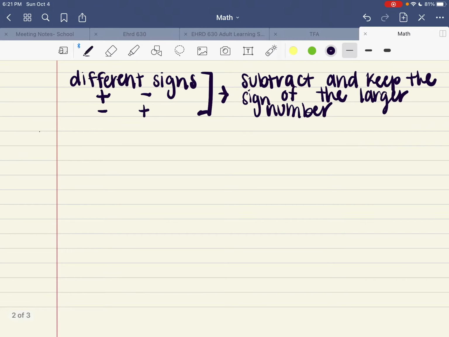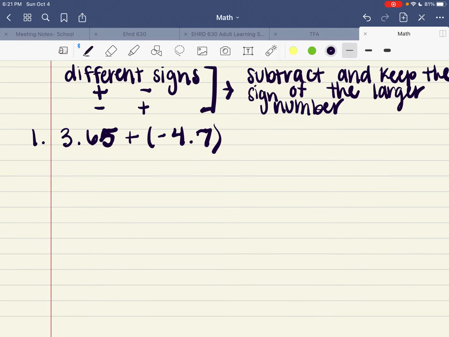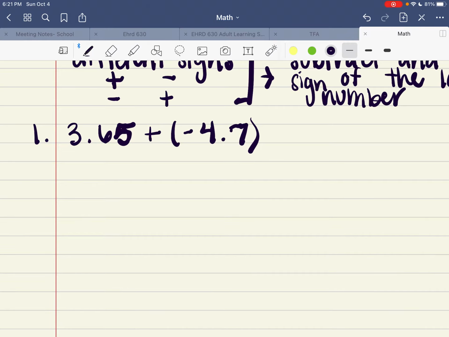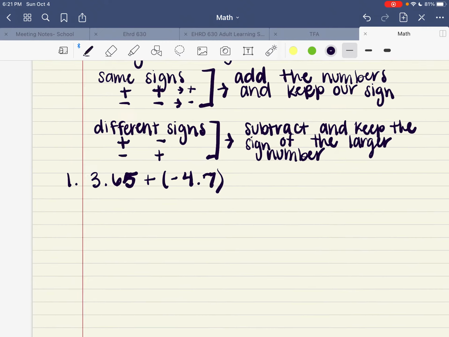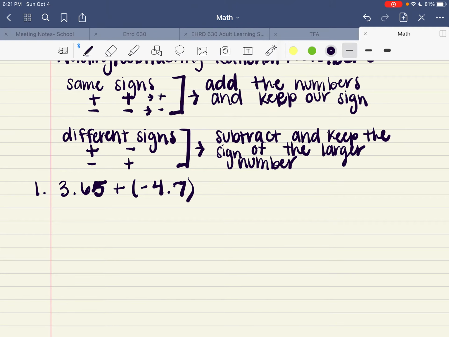So the first one we're going to do, go ahead and copy it down with me. I have 3.65 plus negative 4.7. Now, when I look at my integer rules, do these have the same sign or different signs?